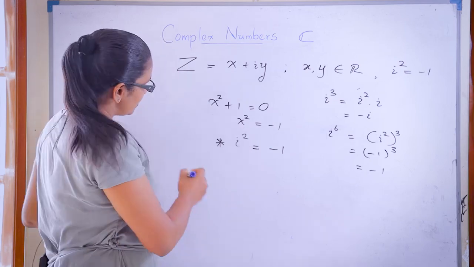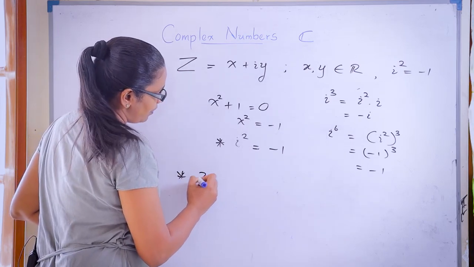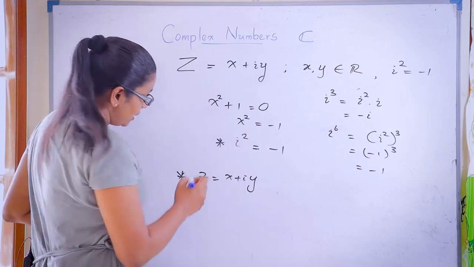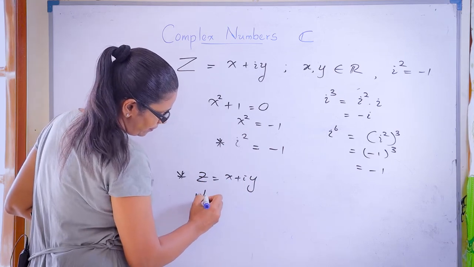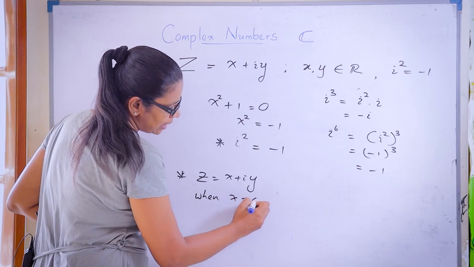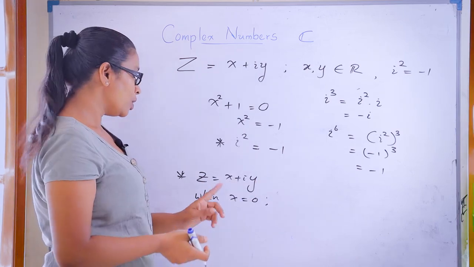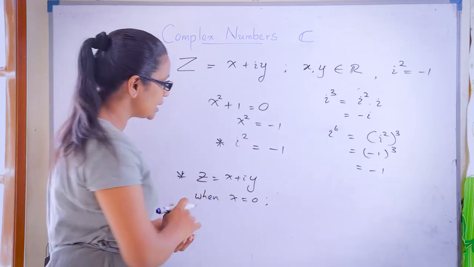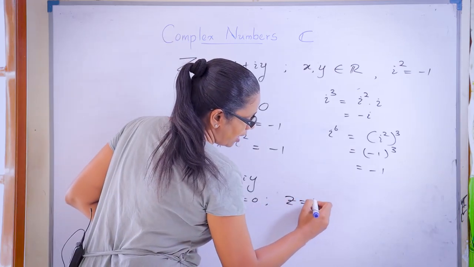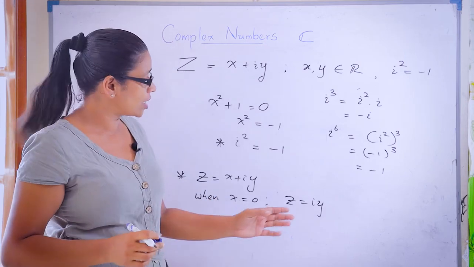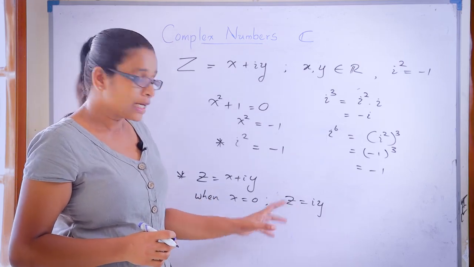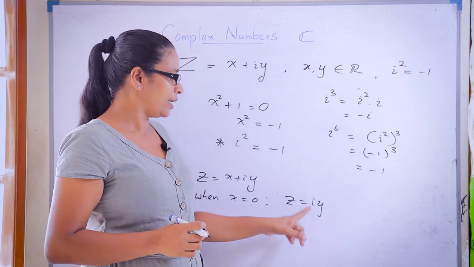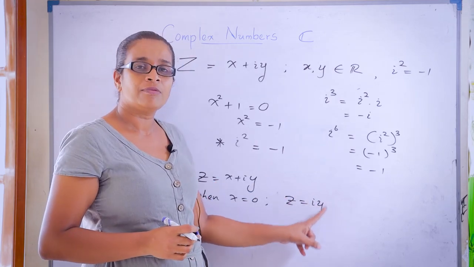So what about when x or y becomes 0? Let's talk about when x equals 0. According to this relationship, when x equals 0, Z becomes just iy. What does it mean? This is a complex number having only iy.